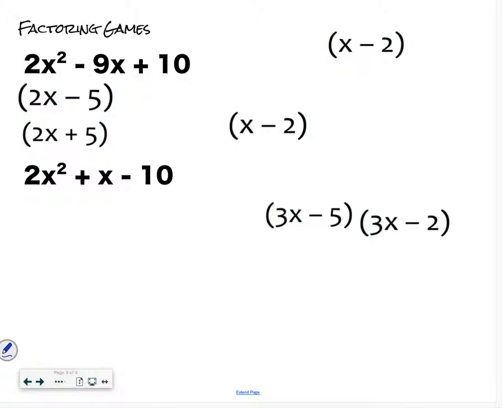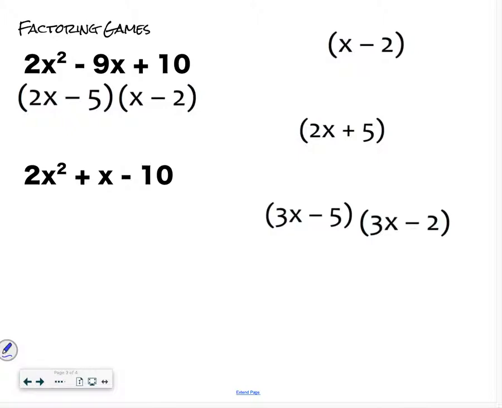I know I'm drawing to show you, but they're seeing, oh yeah, I'm going to need the -2, and I try to get them to see that, oh yeah, now I need to check my outer and inner. When I do, I'm going to have a -4x and a -5x. And the goal is to get them to feel this with their gut, to start feeling that outer and inner as they're going, and to be able to see that that's making the -9x that they want.